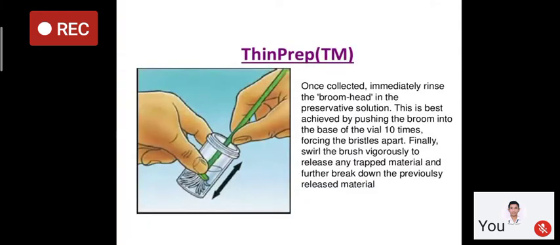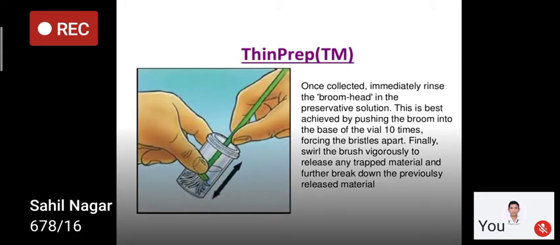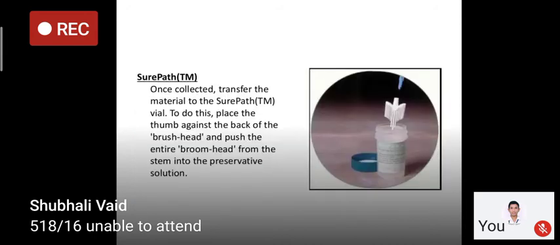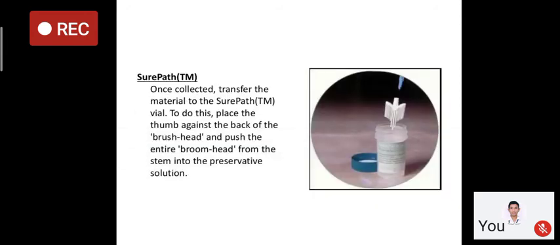Once collected, immediately rinse the broom head in the preservative solution. This is best achieved by pushing the broom into the base of the vial 10 times, forcing the bristles apart. Finally, swirl the brush vigorously to release the trapped material and further break down the previously released material. This is ThinPrep, and for SurePath, once collected, transfer the material to the SurePath vial.